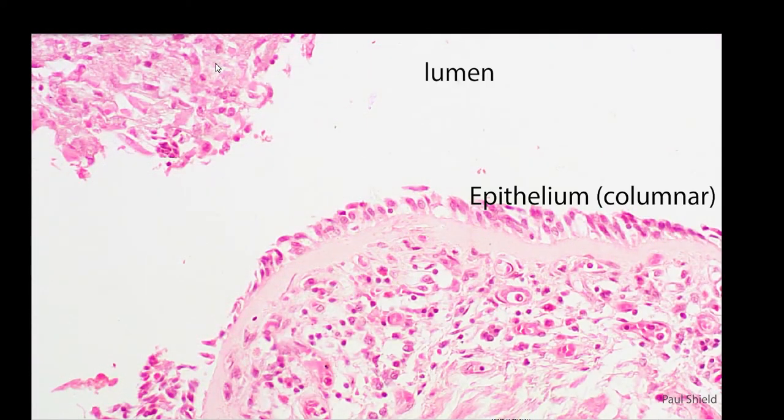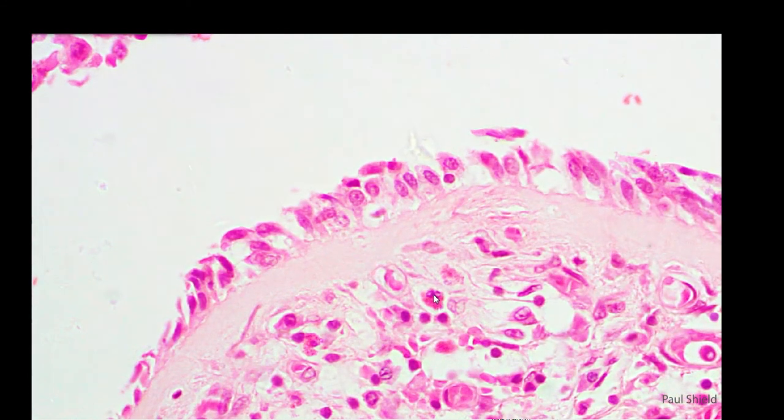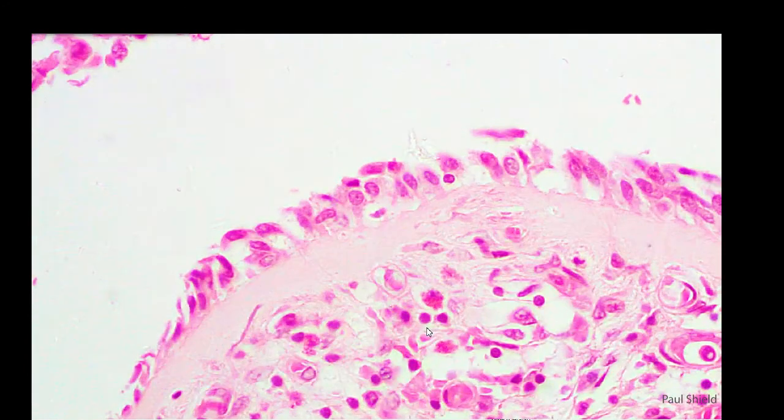This is the epithelium here. You can see it's pseudostratified columnar epithelium, and you'll see that underneath it there is a layer of fibrosis, and then these cells I'm pointing at, quite a number of leukocytes just in a submucosal place. This one here I'm pointing at has two little nuclei like eyes and red granular cytoplasm.